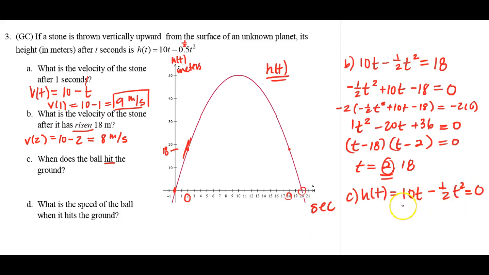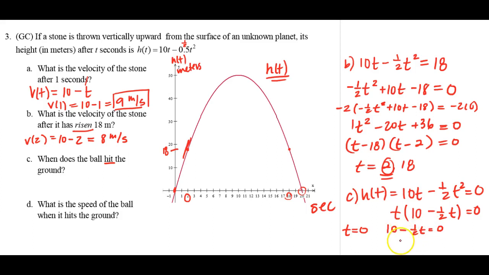So I can factor out the t. If I factor out the t, I'm left with t times 10 minus 1/2 t equals 0. Now I set each piece equal to 0. So t equals 0, and 10 minus 1/2 t equals 0.